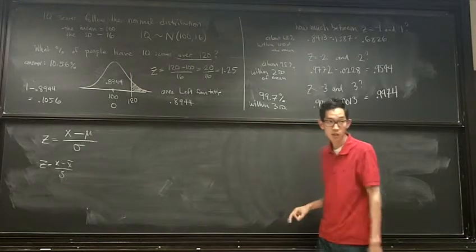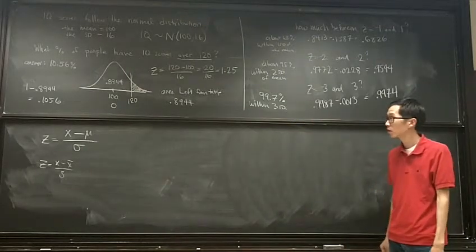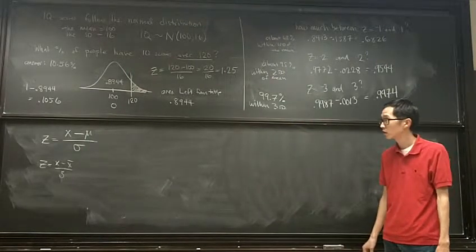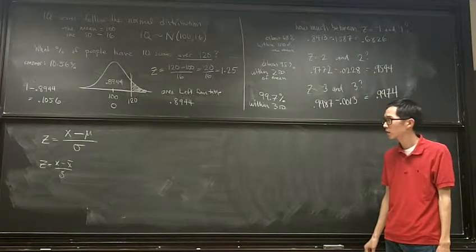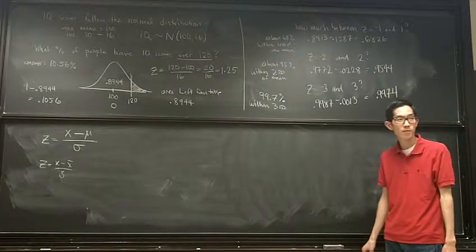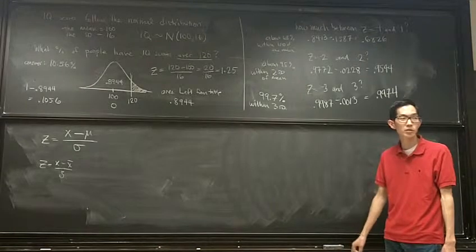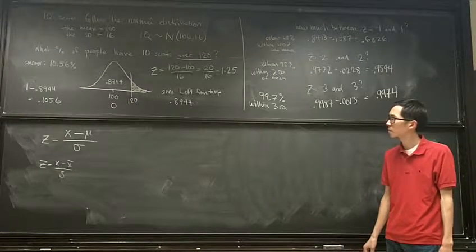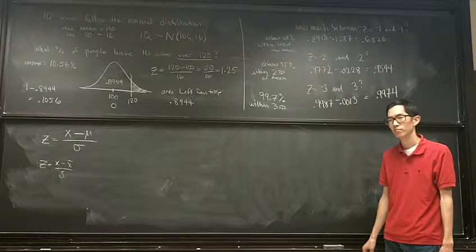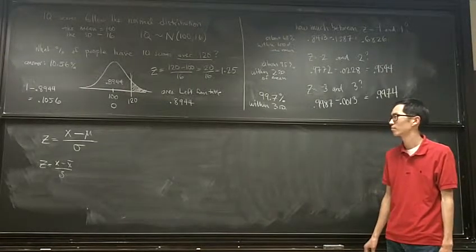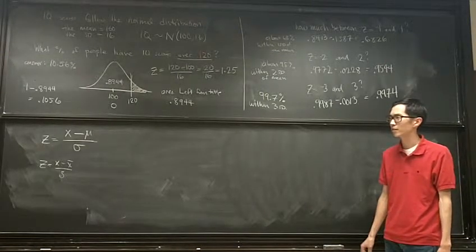Couldn't we have gone just to 100 minus 120 over the standard deviation and gone straight to the 1.56 instead of 120 minus 100 and then having to do the subtraction? I think that's exactly what we did.